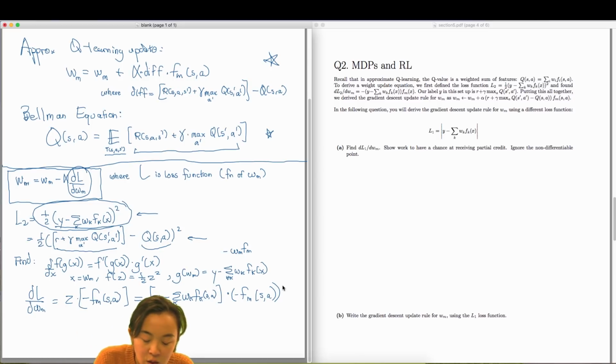All right, so now we've computed the gradient, and we can just smush it back into this equation here, and after we've done that, we should see that this equation matches with this equation here.